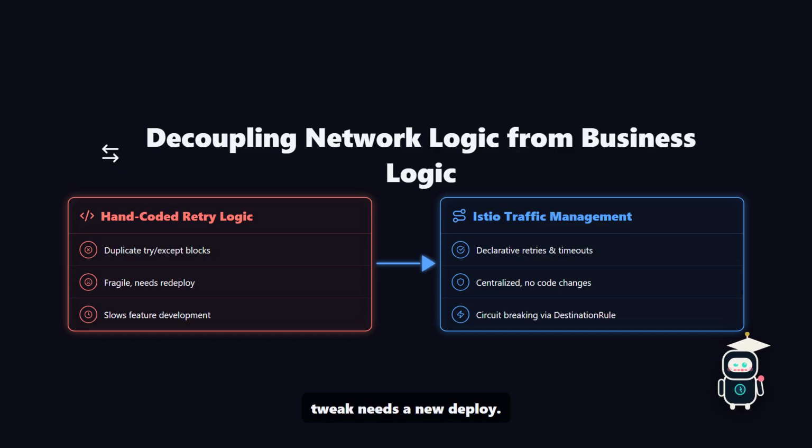On the right, Istio's virtual service retries failed calls and enforces timeouts centrally. No code changes. Circuit breaking is configured via destination rule, but together they decouple network logic from business logic, exactly the way cloud-native apps were meant to be built.